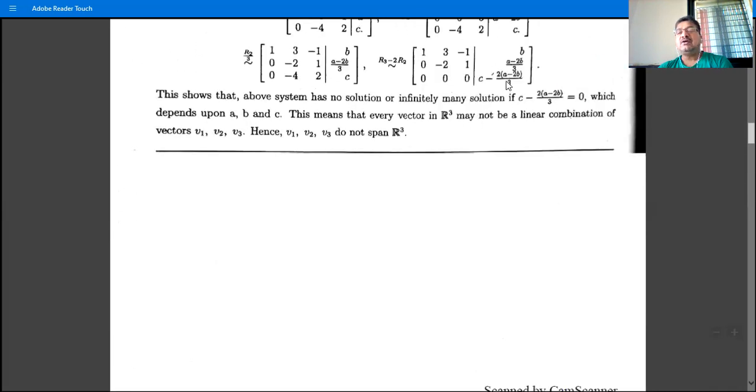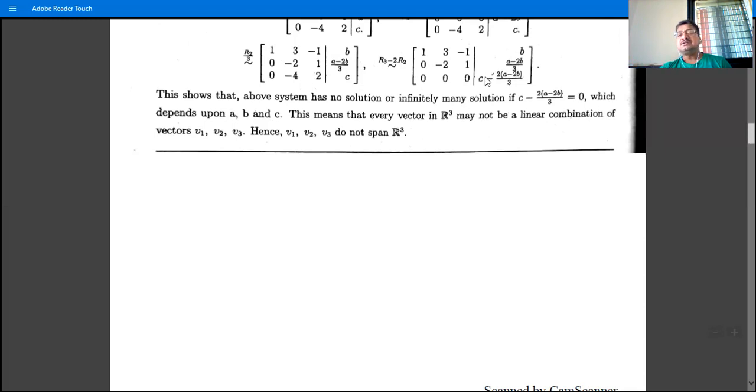We can observe that if this combination of ABC is 0, suppose this quantity is 0, that is C minus 2A minus 2B divided by 3 is 0. Suppose we adjust the ABC such that this is equal to 0, then in that case the system is consistent.